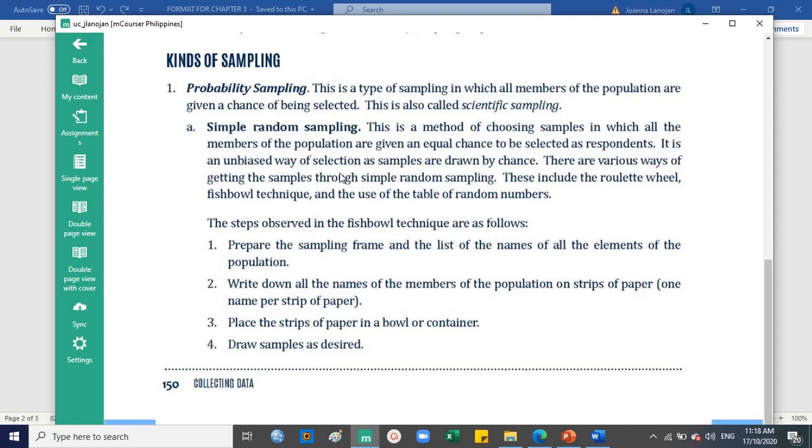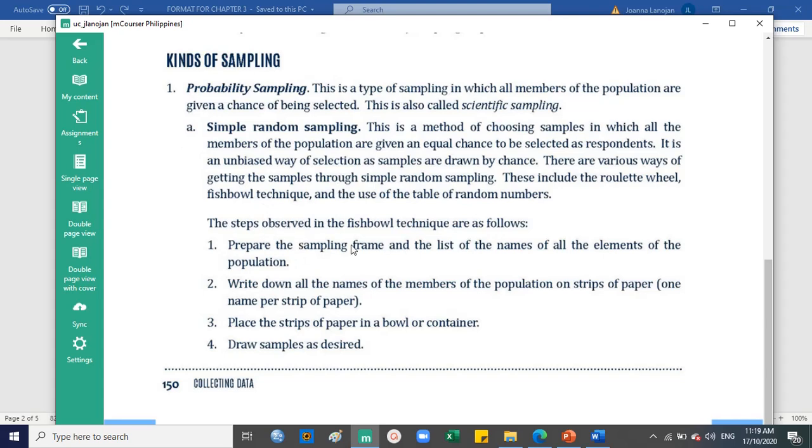So again, the population is all Grade 12 STEM students in the afternoon session. The sample is how many students you will get from that population. That's your sample size.